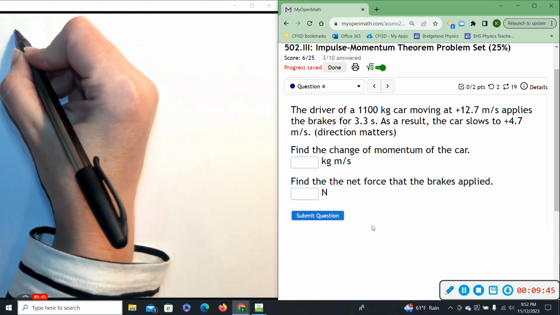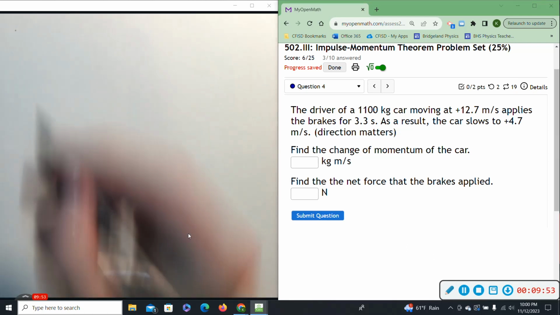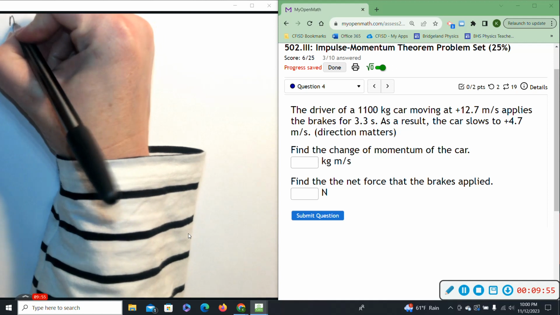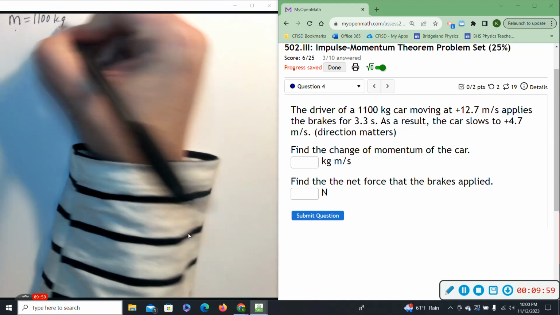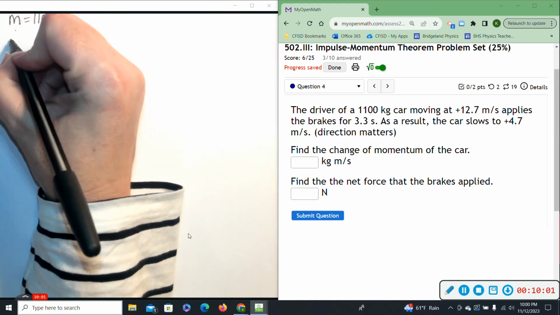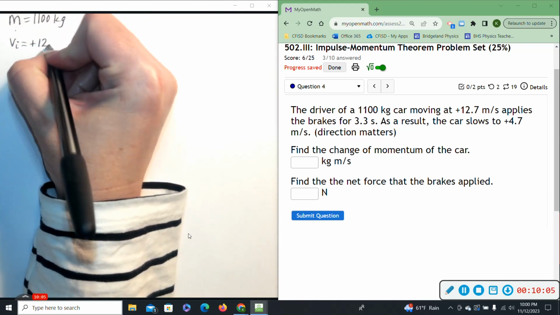So again, let's start by labeling everything. All right, so let's label the information that we have here. We have mass is 1100. We have an initial velocity of positive 12.7.